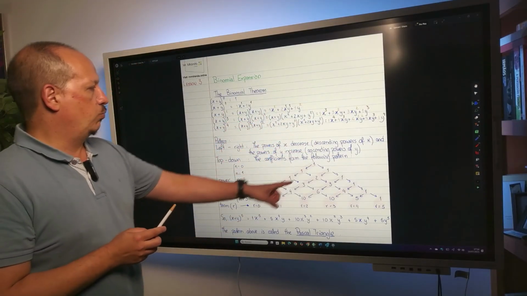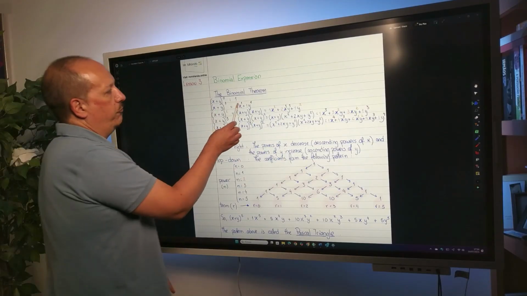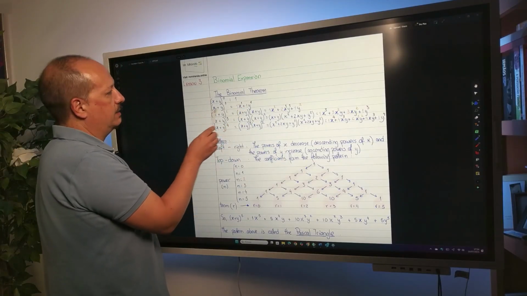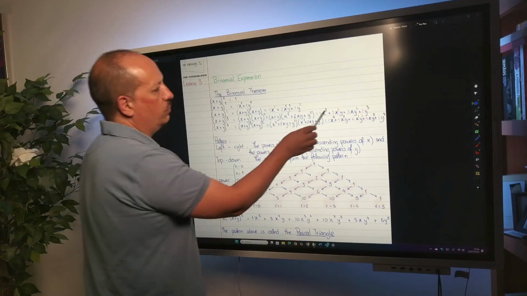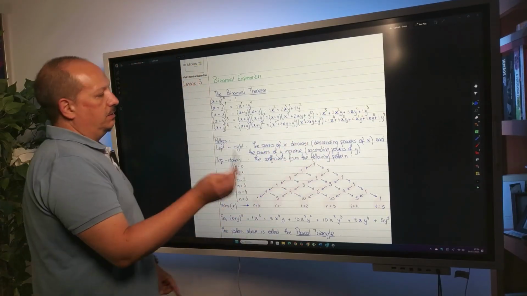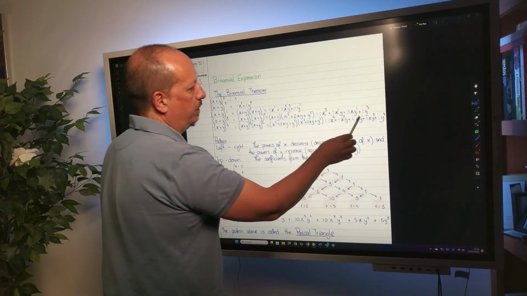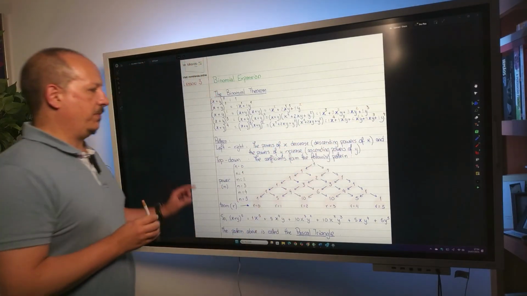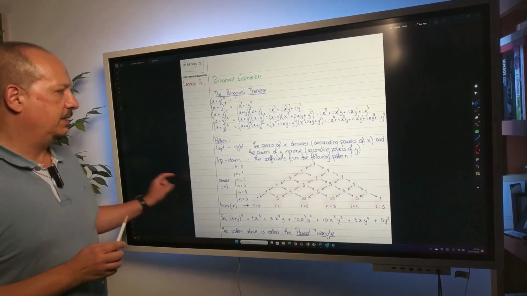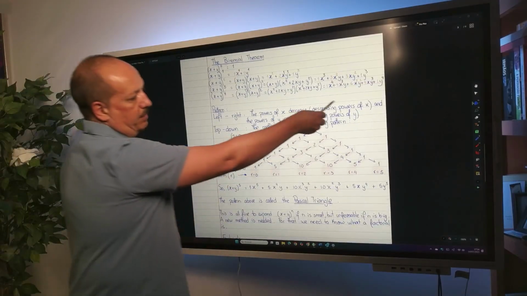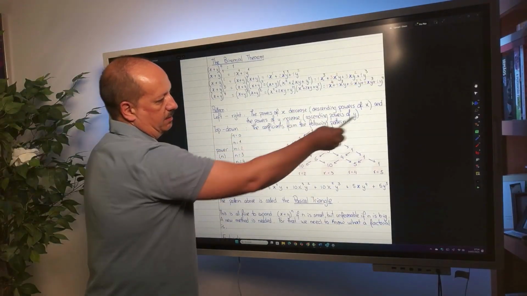Then r equals 1 corresponds to the coefficient of the second term. So 1, 2, 3, 4. R equals 3 corresponds to the next one. So 1, 3, 6, and then eventually 10. It's measured like this, okay?